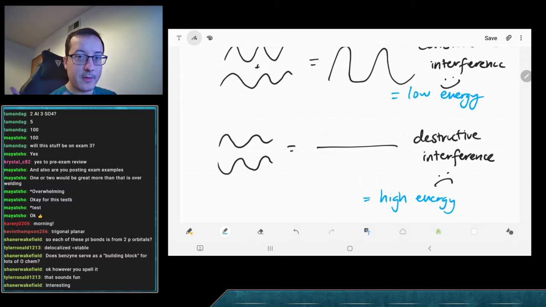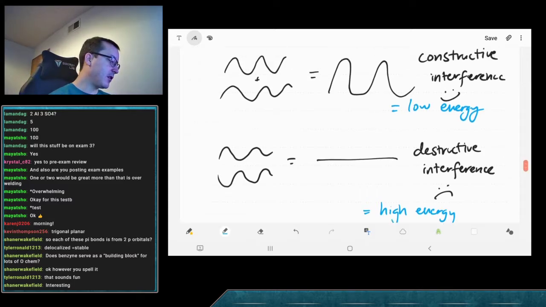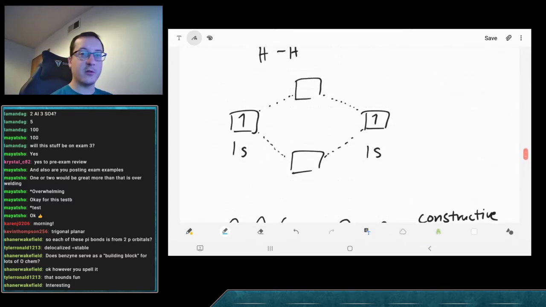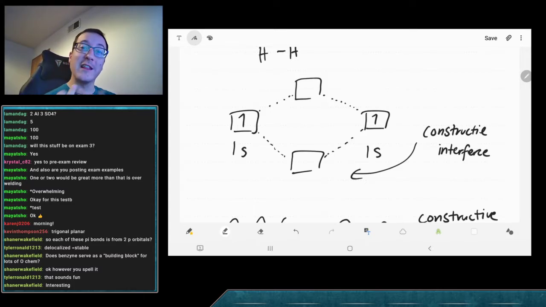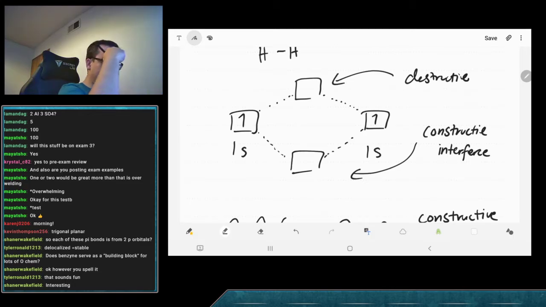So, that being said, let's go back to this blob that I've drawn here. We're going to see that this one down here comes from constructive interference of these waves interacting with each other. Remember, electrons do have some wave-like properties. This one comes from destructive interference.